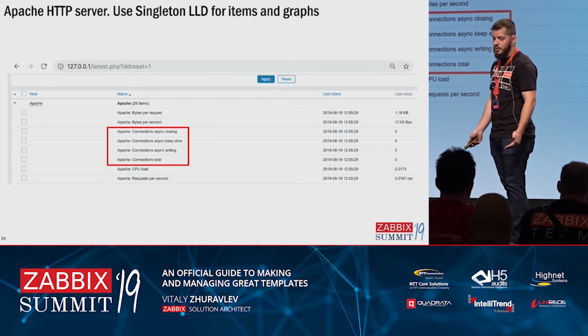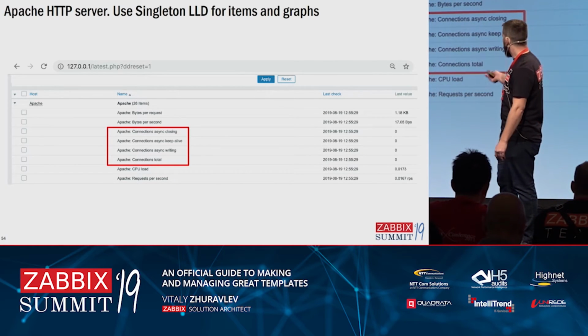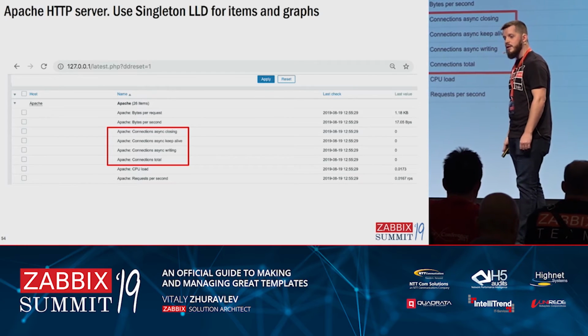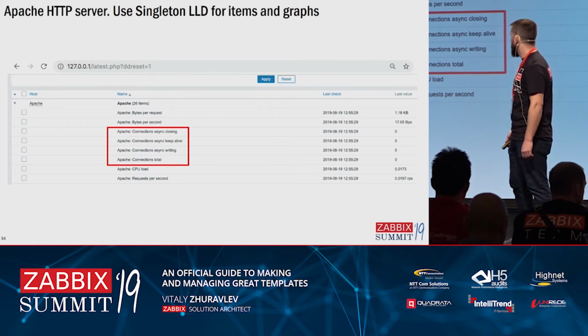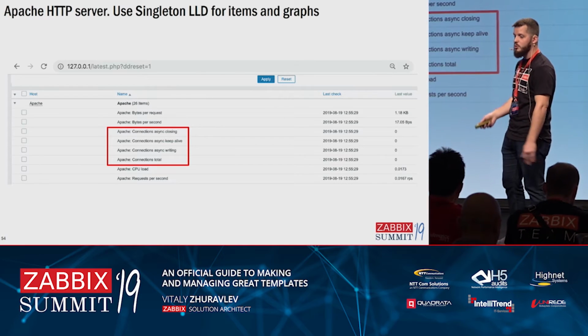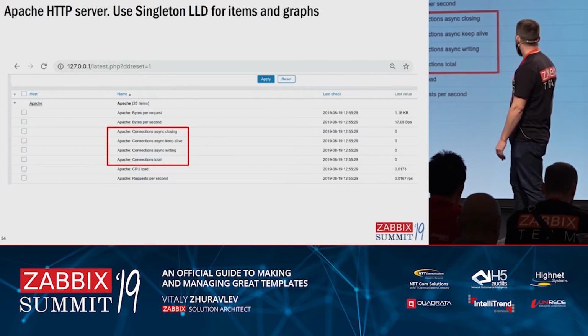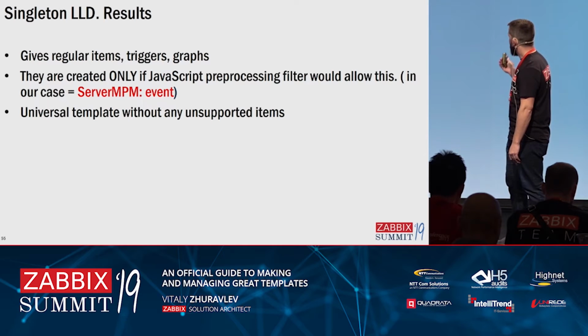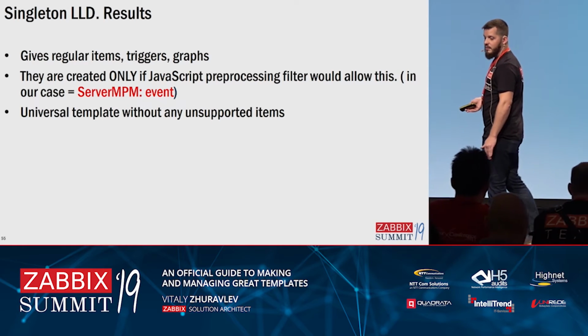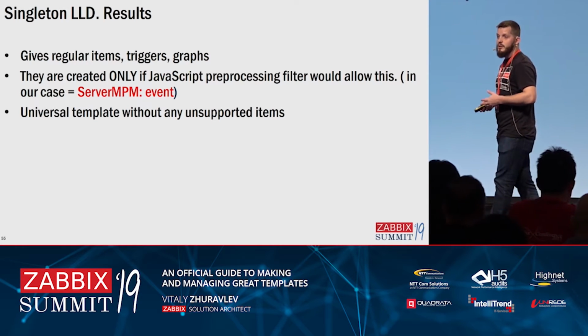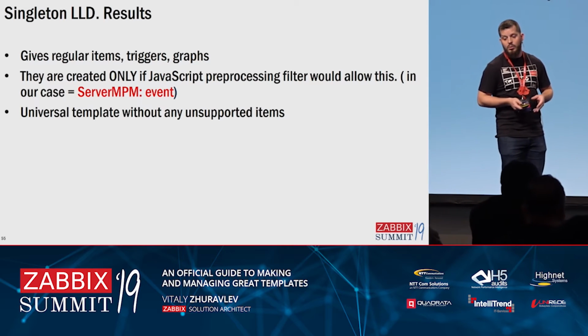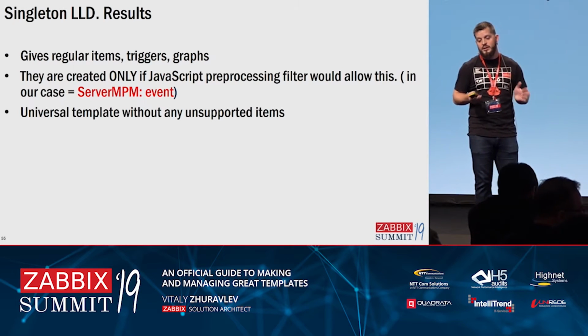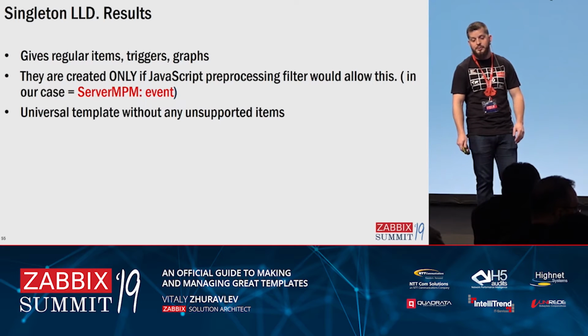So at the end, your items are there if this MPM event module is enabled. But if it's not, there will be no unsupported items here, giving you errors. So just regular items, as I said, and those items are created from prototypes only if we successfully pass the pre-processing filter.